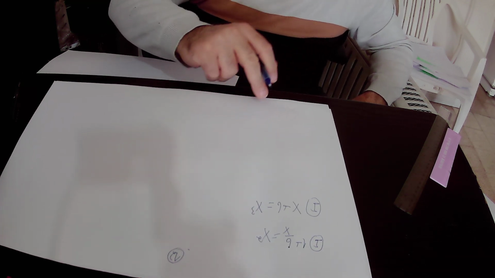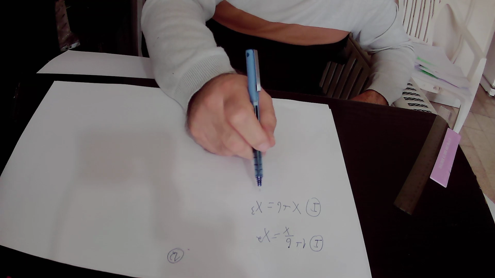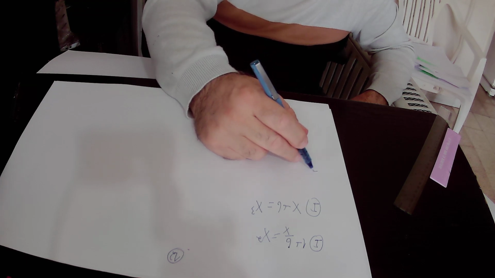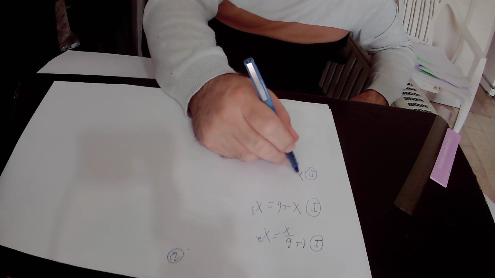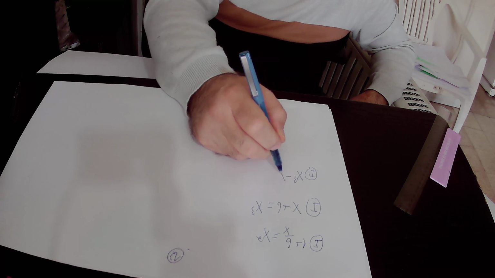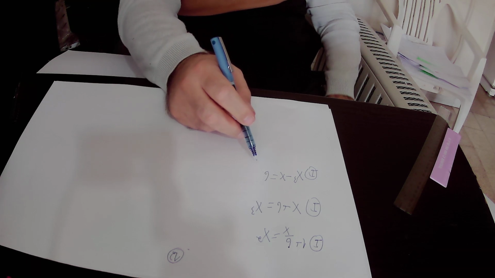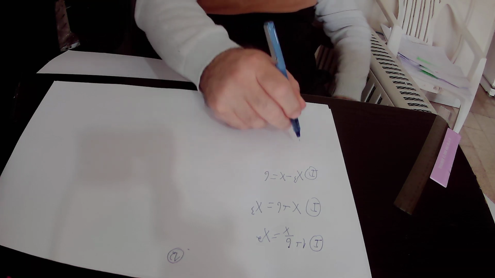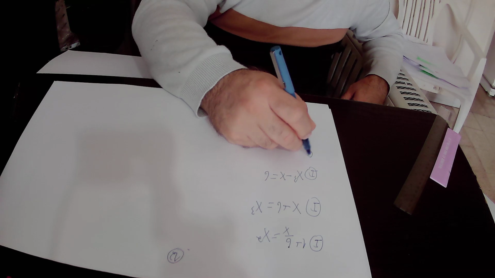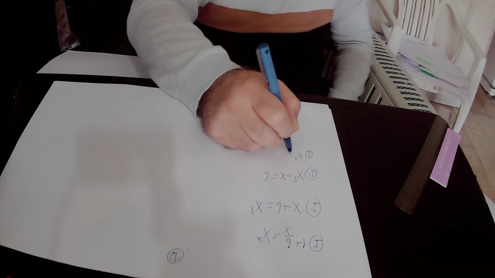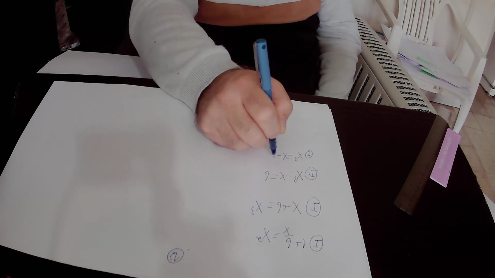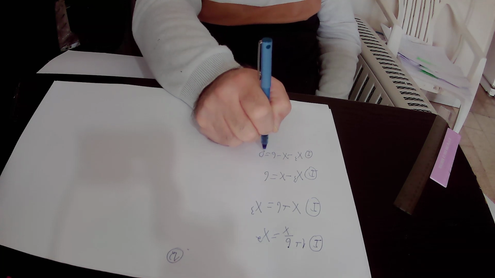So here we'll subtract x from this equation number 1, and we'll get that x cubed minus x equals 6. Here we will subtract 6 from this equation number 1, and we will get that x cubed minus x minus 6 equals 0.